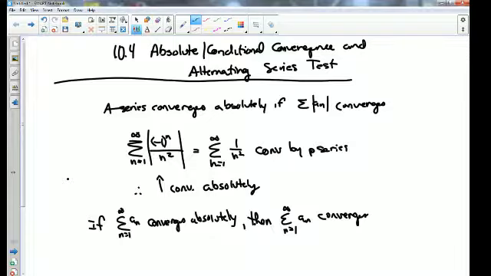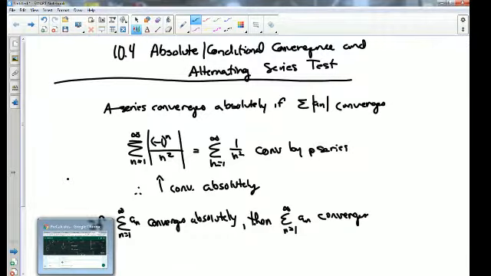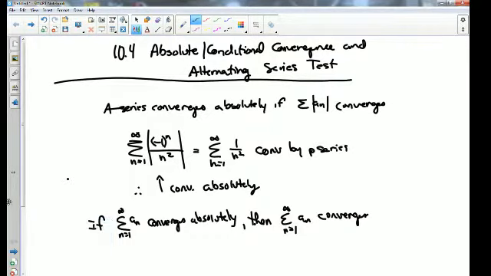But I cannot say this, the inverse or the converse. The inverse being, if a sub n does not converge absolutely, a sub n does not converge. Don't know that. Or if a sub n converges, then this converges. I can't say that either. So just the contrapositive and the statement. Those are the only two that we can say for sure.